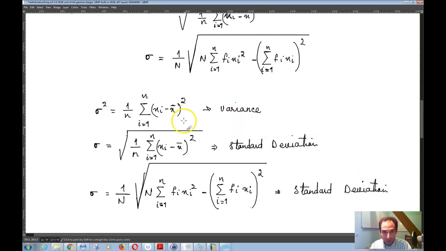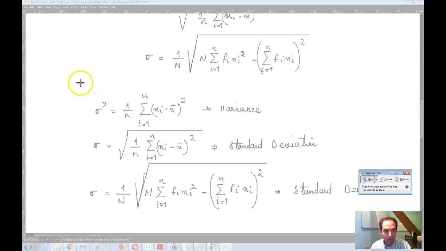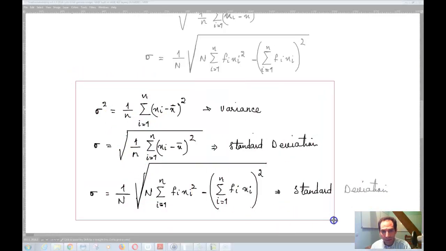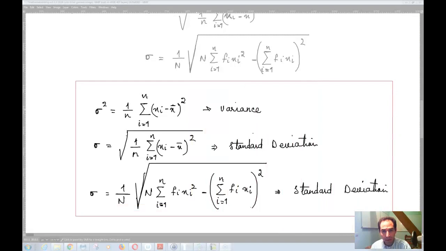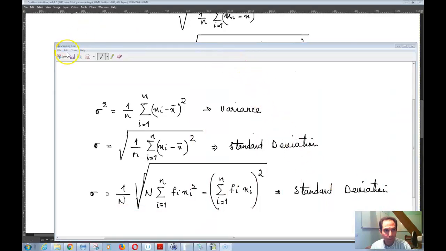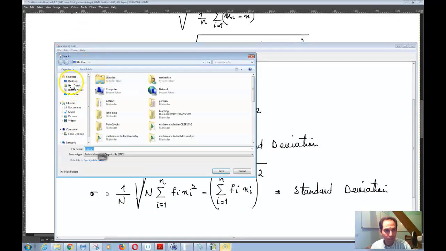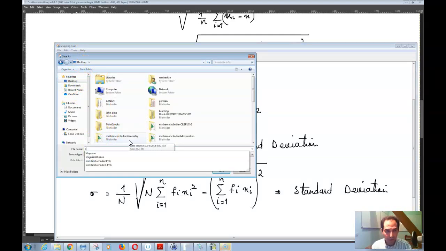Now, let me make a screenshot of these three things and then we will go back to our problem. Okay, so I save this somewhere on desktop, call it, for example, statistics formula 3.